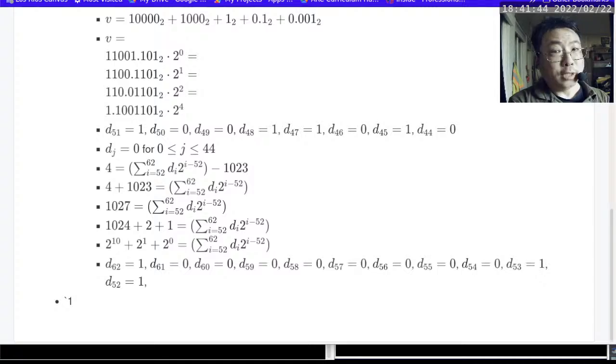I'll do it one more time: 1 0 0 0 0 0 0 0 0 1 1. That's for the exponent. And then we got the fractional mantissa bits, which are from bit 51 down to bit 45, because the rest are all zeros. So we got that portion as 1 0 0 1 1 0 1, and just a bunch of zeros thereafter.